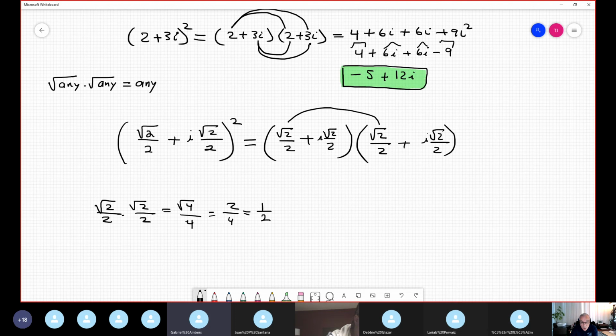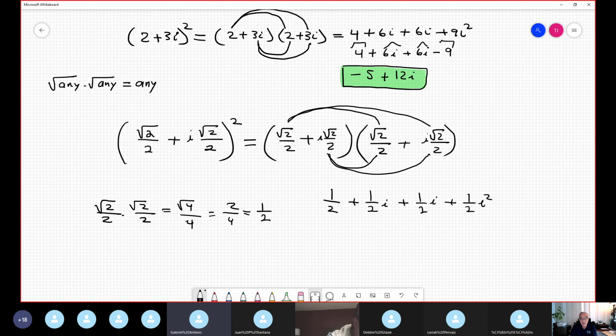So any multiplication in this case is 1/2. When you multiply this and this, it's 1/2. When you multiply this and this, it's also 1/2, but with i. When you multiply this and this, it's also 1/2 i. And when you multiply the last, it is 1/2 i squared, because radical 2 over 2 times radical 2 over 2 is equal to 1/2, as I proved here.